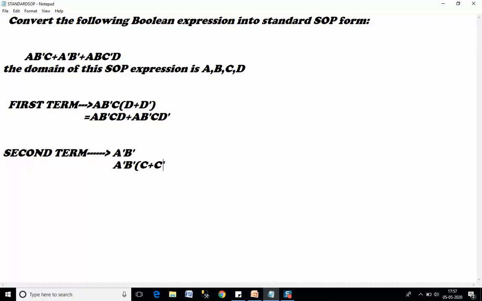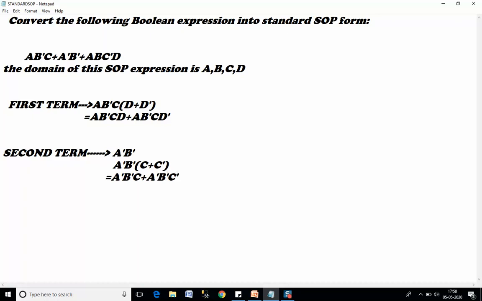That means it is not going to make any difference, but my expression will come in the standard form. So this is going to be equal to A complement B complement C, or A complement B complement C complement.